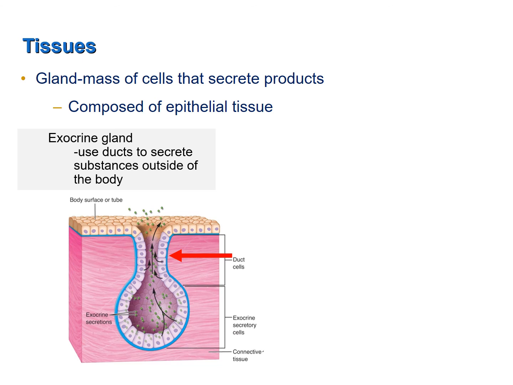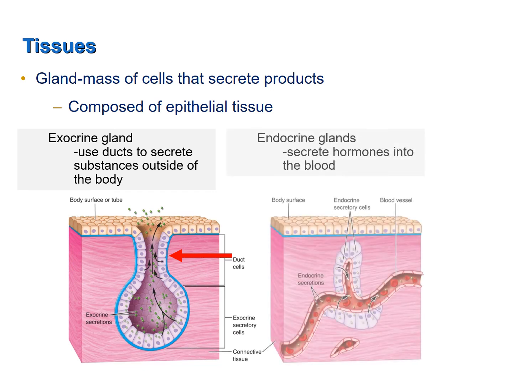Exo meaning outside. Examples of exocrine glands include salivary glands, sweat glands, and oil glands. Endocrine glands are glands that secrete substances called hormones into the blood. Endocrine glands lack ducts.